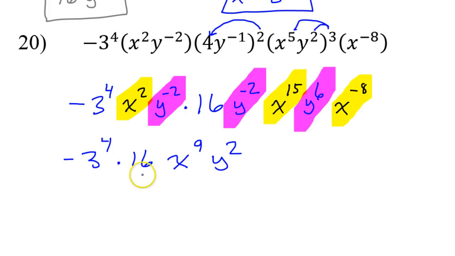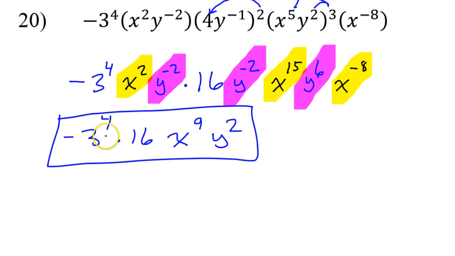I've been told that I can leave the 4th power, and 16, I can think of it as 2 to the 4th power or 4 squared. Both of these things equal 16. These aren't like bases even with the 3. So I would accept this as a final answer based on what we've done in class.